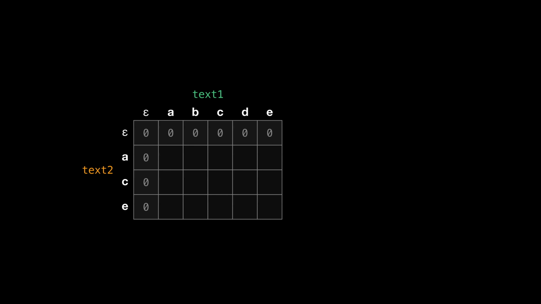So now that we have our table set up, how can we write a formula to handle matches and mismatches between characters from text1 and text2? Well, let's name our grid DP, and we'll have i set to the row index, which represents all the characters in text2, and j set to the column index, which represents all the characters in text1. If the characters match, remember that we set the longest common subsequence at this point to the previous longest common subsequence plus 1.